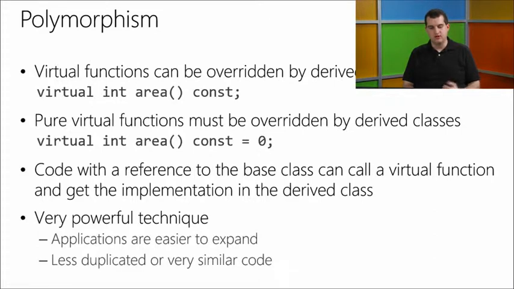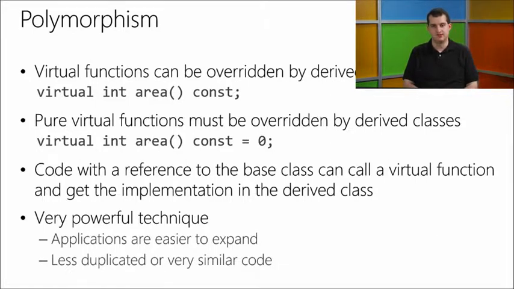So code that has a reference to the base class can call a virtual function and end up calling the implementation in the derived class. With ordinary member functions like our get width and get height in rectangle, or our compute area function that isn't a member function at all, the compiler figures out which function is going to get called at compile time.